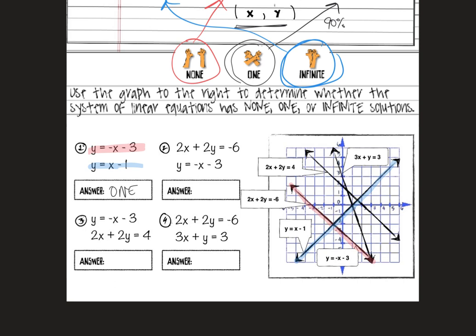Number 2, here's a line. I've got to make sure I'm using my highlighter and not my pen. 2x plus 2y equals negative 6. So that line is right here. Notice that I'm coloring over that last one. And y equals negative x minus 3.